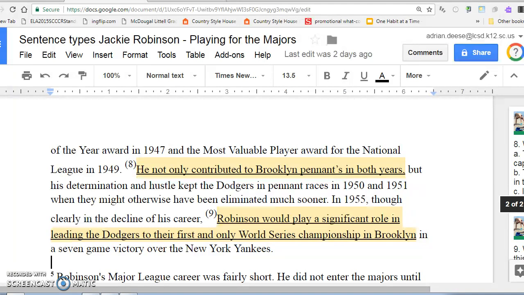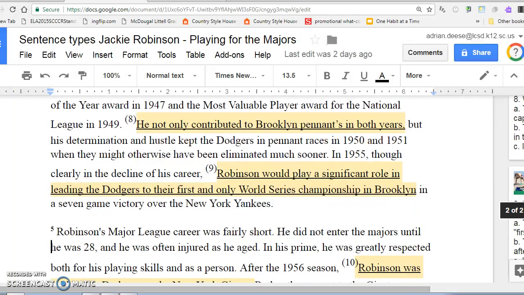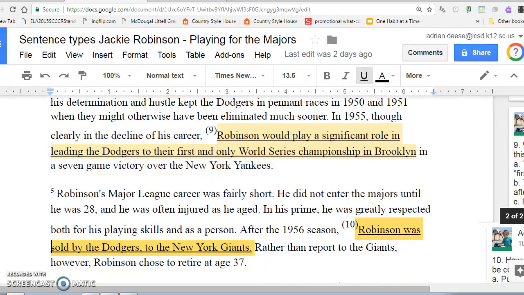He not only contributed to Brooklyn pennants in both years, but his determination and hustle kept the Dodgers in pennant races in 1950 and 1951, when they might otherwise have been eliminated much sooner. In 1955, though clearly in the decline of his career, Robinson would play a significant role in leading the Dodgers to their first and only World Series championship in Brooklyn in a 7-game victory over the New York Yankees.